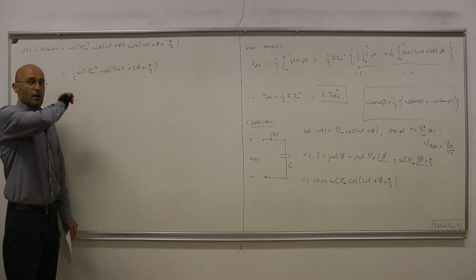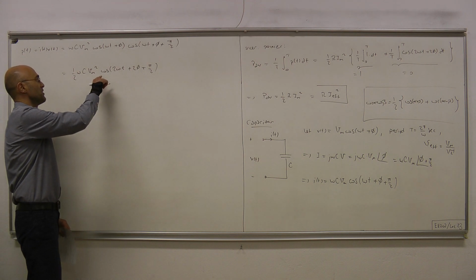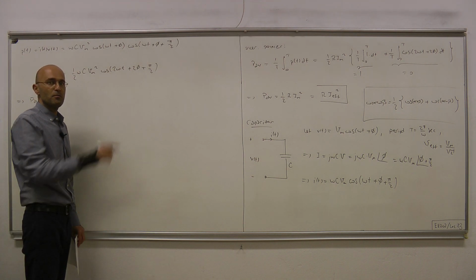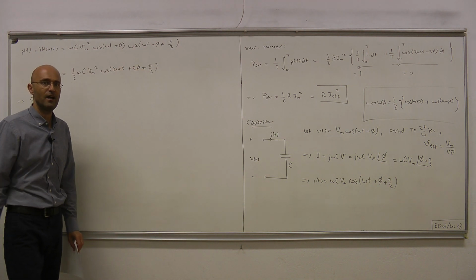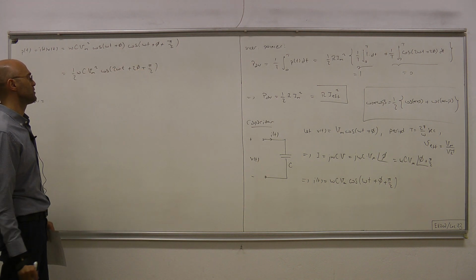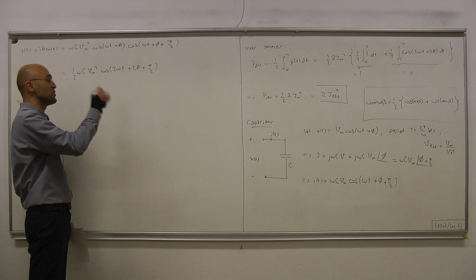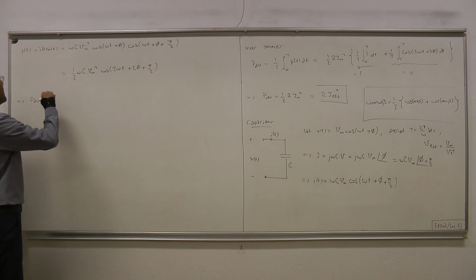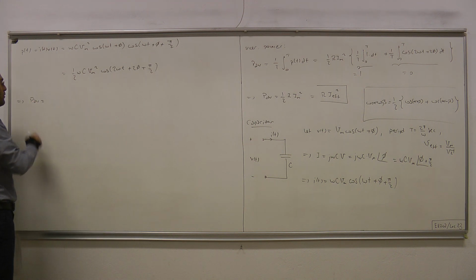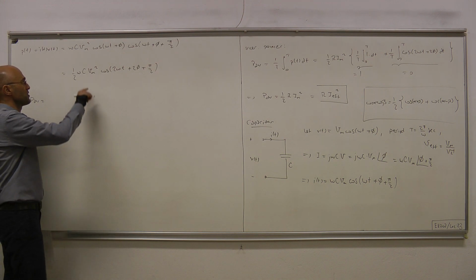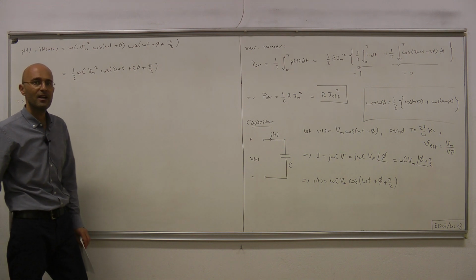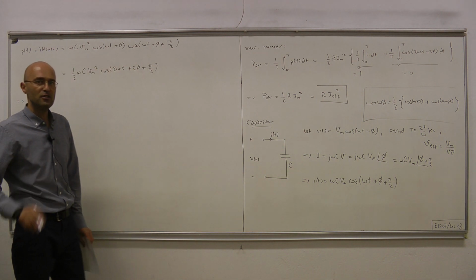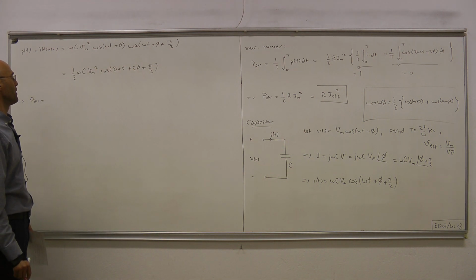Now, for the resistor, we had a sinusoidal term and a constant term. The purely sinusoidal term produces 0 average, and the constant term equals its own average. Therefore, we had something non-zero for the resistor. But this time for the capacitor, the instantaneous power is purely sinusoidal with no offset, no DC component.